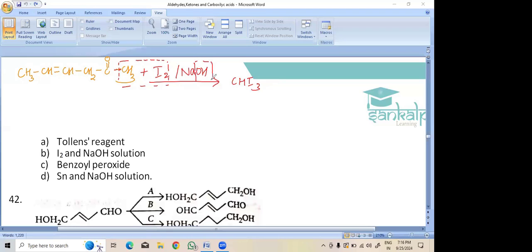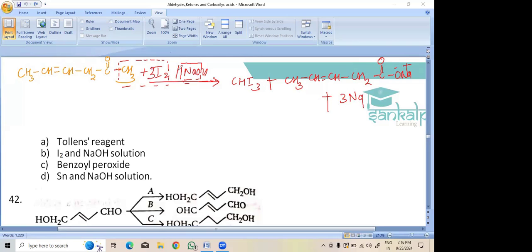Here your OH will attack, so ONa will attack. So what am I going to get? CH3 CH double bond CH CH2 C double bond ONa, that is O minus Na plus, plus what is left, CHI3.